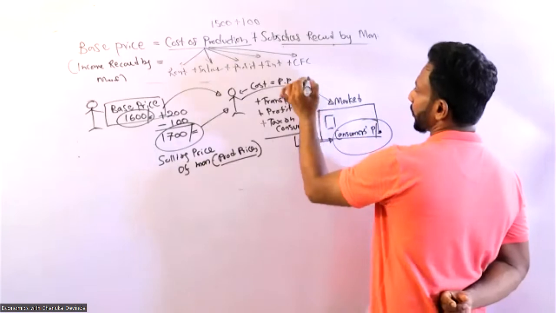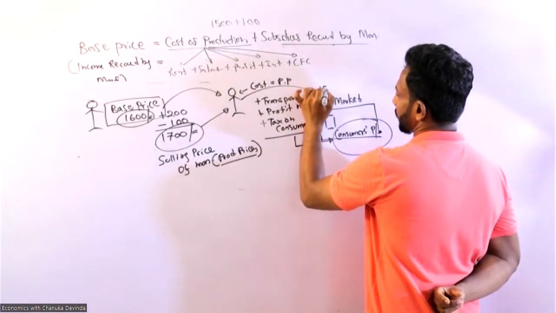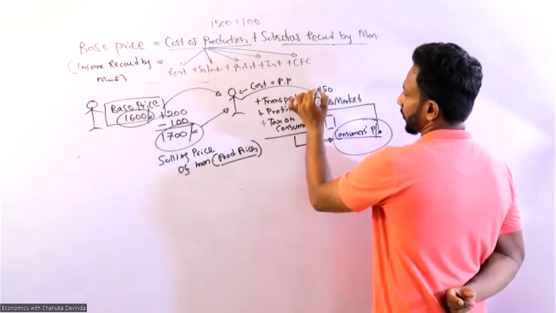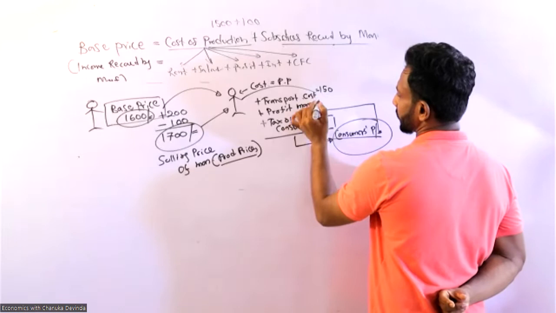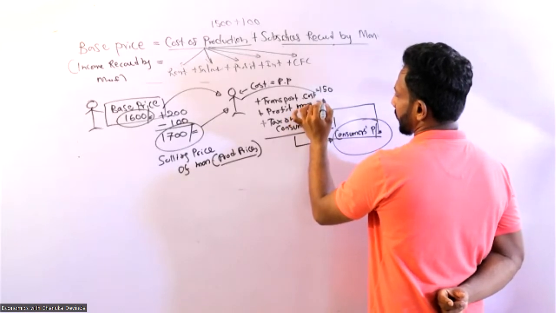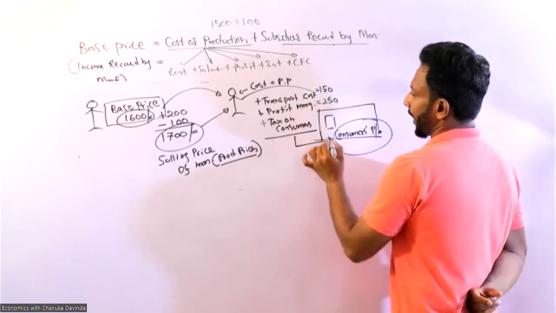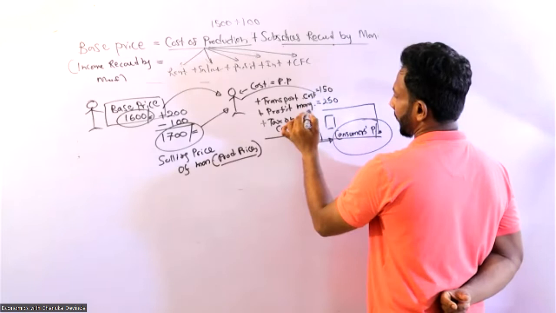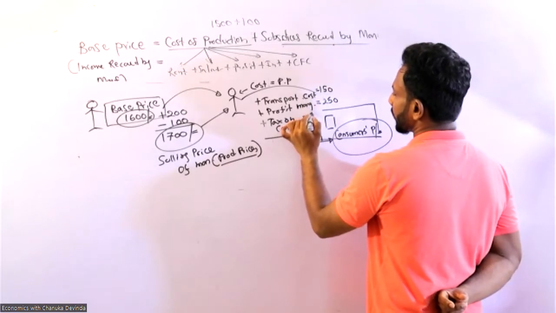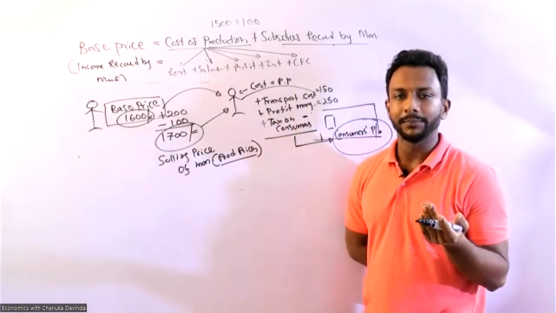Let's say transport cost is 100 or 150. Profit margin is 250 per unit, and non-deductible tax is equal to VAT, right? The example is VAT.